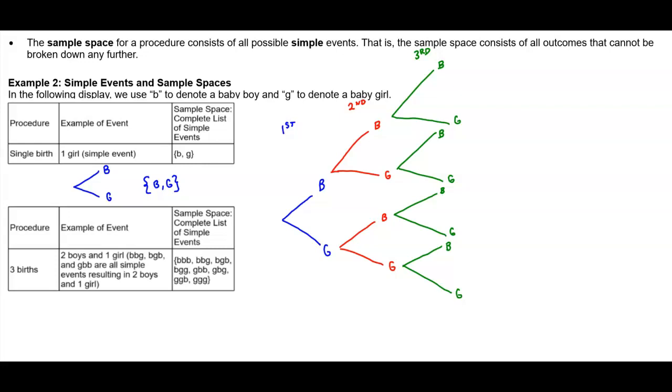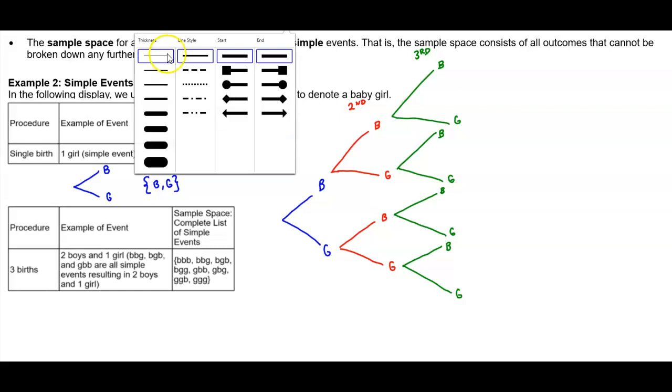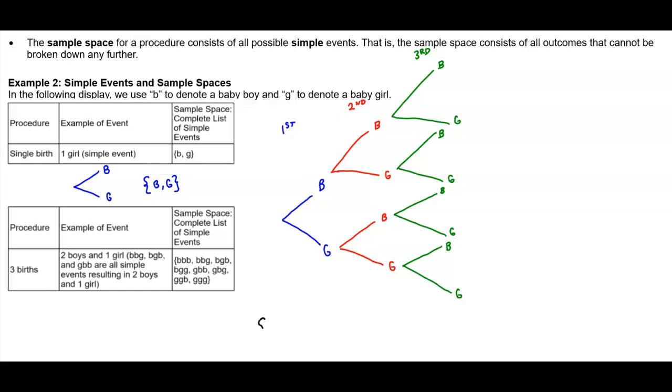Now let's take a look at the sample space. This is how we're finding the sample space. We want to write out all of the scenarios that give us the 3 possibilities.